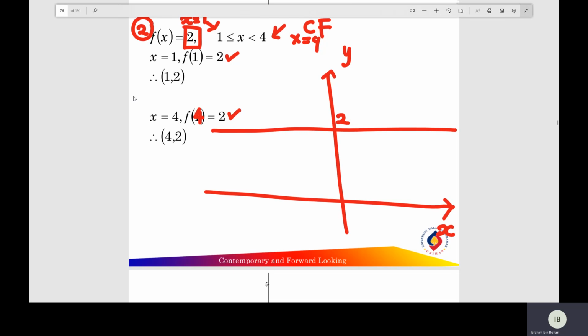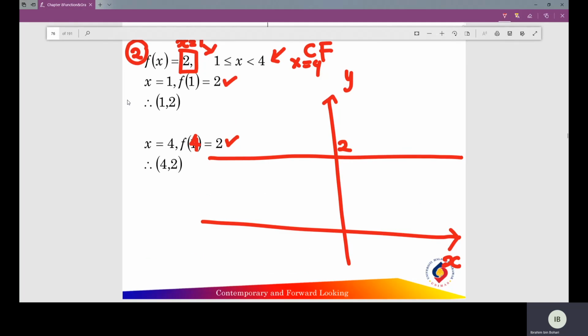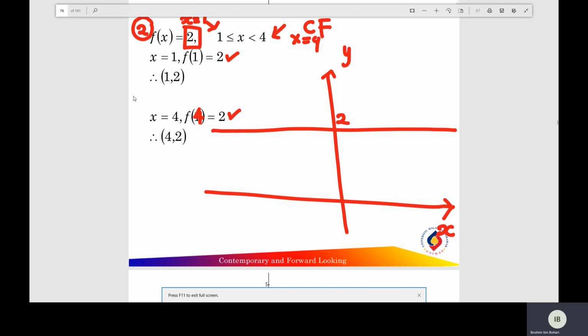Very simple. And then here you put the first value, x equals 1. You check the sign here, greater than or equals, so here we use the filled circle. And for less than 4, you put the empty circle.